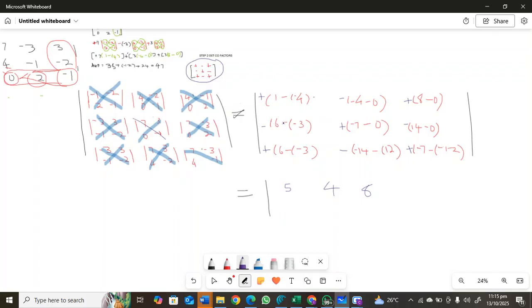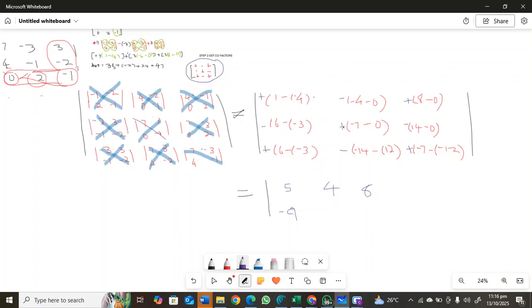Here, 6 minus negative 3. Negative and negative make positive. So 6 plus 3, that is 9. So since there's a minus outside, we put negative 9. Here, negative 7 minus 0, that is negative 7.